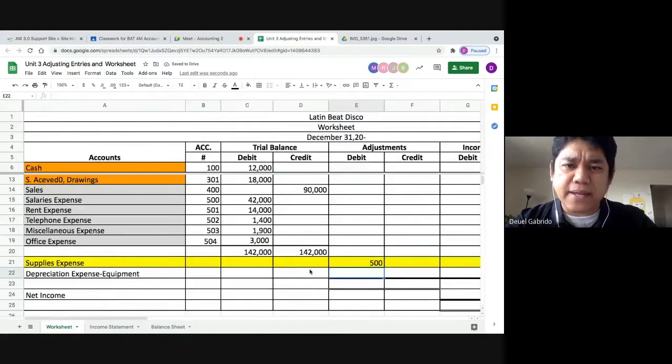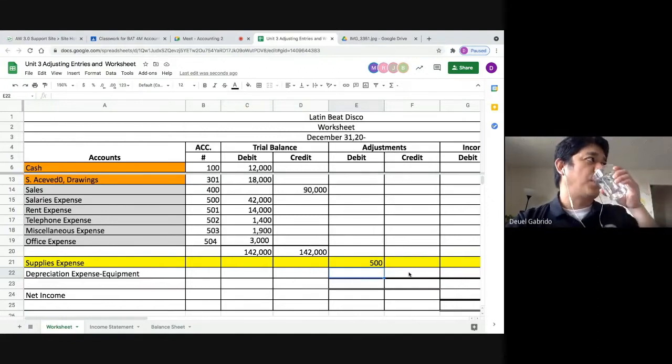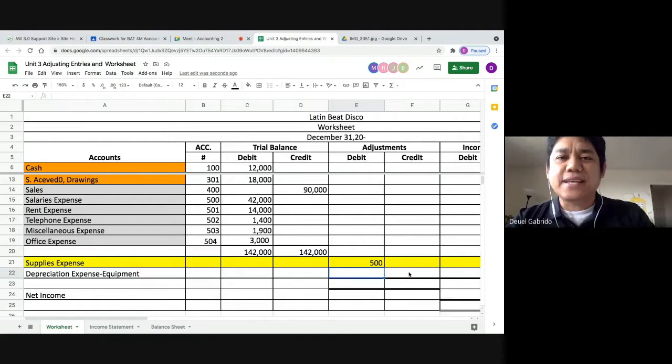Okay, debit, credit. This is an expense. Do you agree that depreciation expense is credit? Guys, expenses.